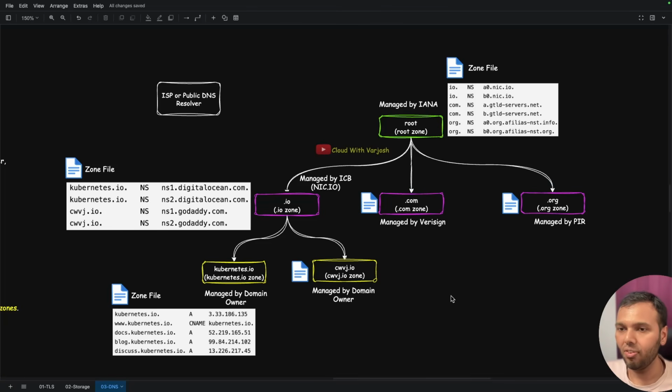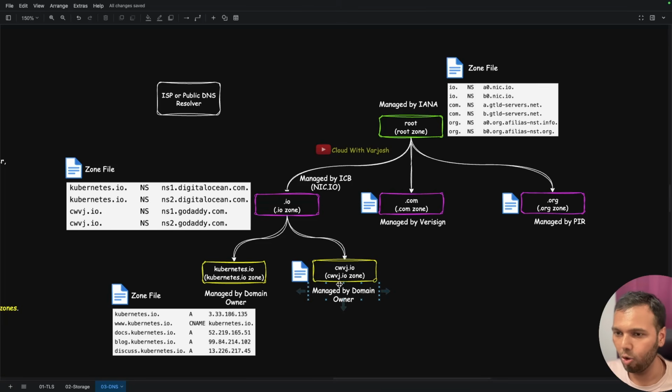Then each of these zones will have their respective zone file. What I have shown here is a sample zone file for the .io zone. Under the .io zone, I have shown two websites. First is kubernetes.io, and the next one is cloudwithvarjosh.io.